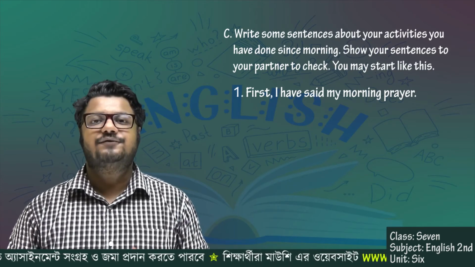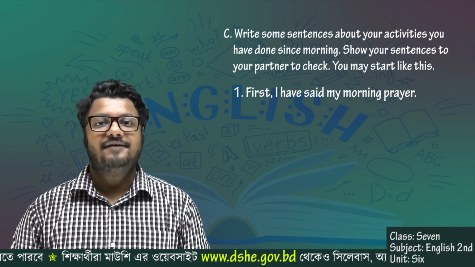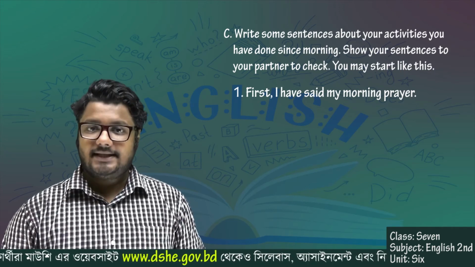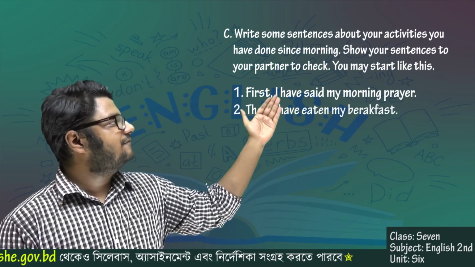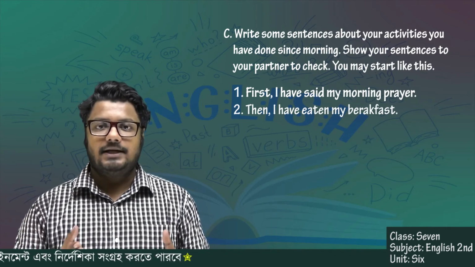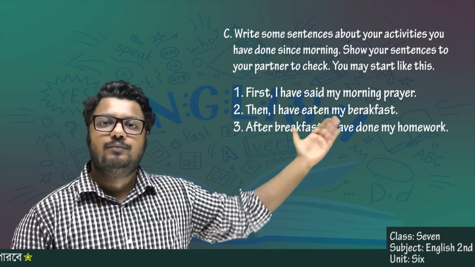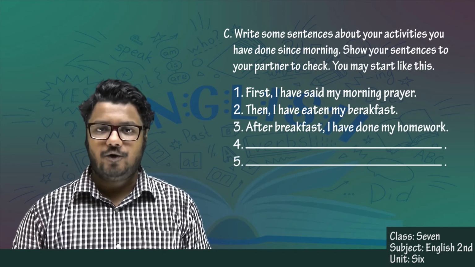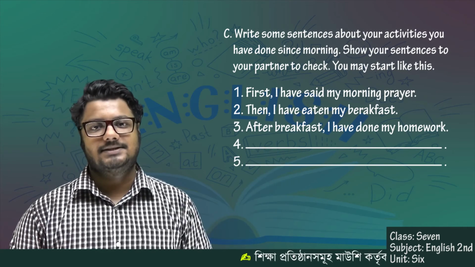I'll help you to fill in 2 blanks, and the rest of the 2 blanks will have to be done by you. So the second sentence can be written like this: Then I have eaten my breakfast. And in the third sentence, you can write this: After breakfast, I have done my homework. I hope now you'll be able to finish the rest of the sentences.